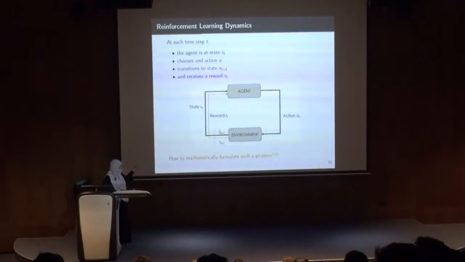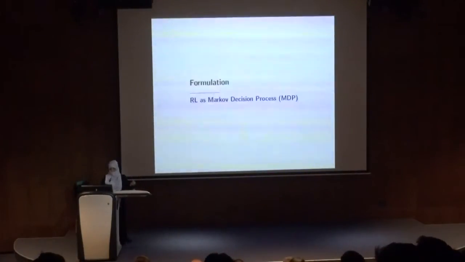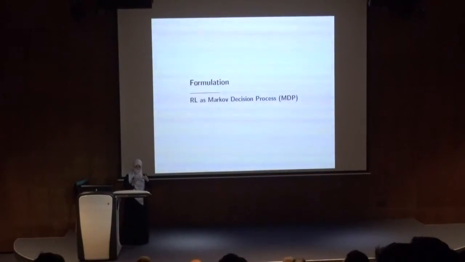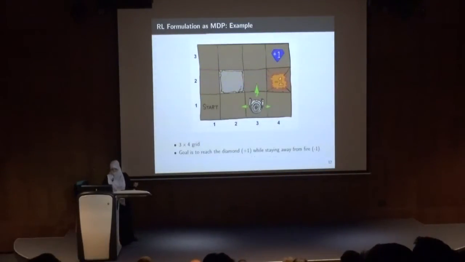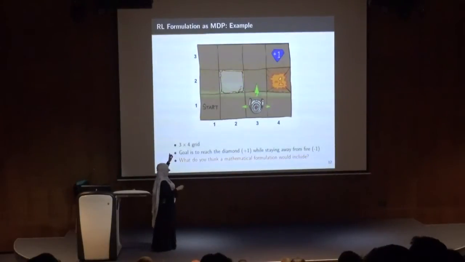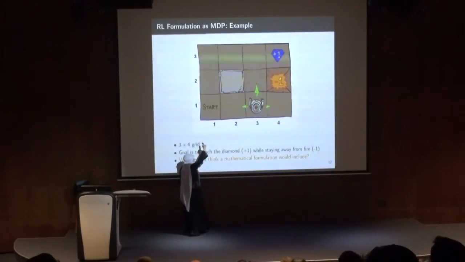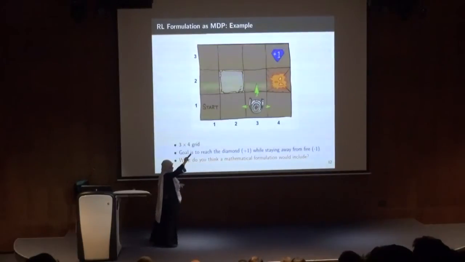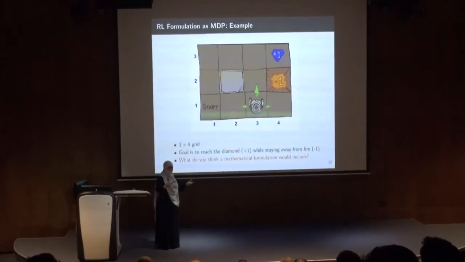Now, how do we mathematically formulate this framework? Usually, we deal with reinforcement learning as Markov decision processes. So we have this decision making, and we have the Markov condition, which we will see later. For example, let's take this game as an example. I have a 3x4 grid, and I have a start state, so the agent starts in this cell, and I have to reach the diamond, for which I will receive a reward of +1.